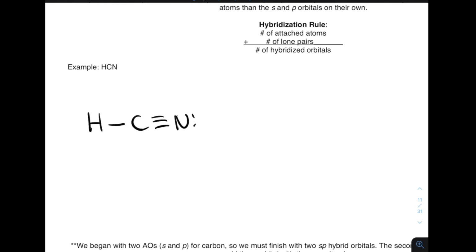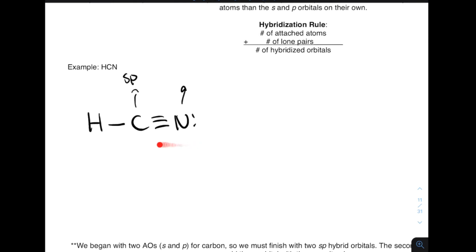Drawn like so. When we look at this carbon, it is attached to two atoms. There are no lone pairs, so it should have two hybridized orbitals. So it is sp hybridized. Now when we look at the nitrogen atom, it is attached to one atom and it has one lone pair.